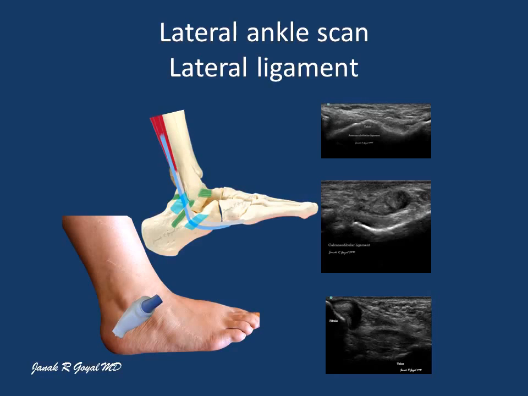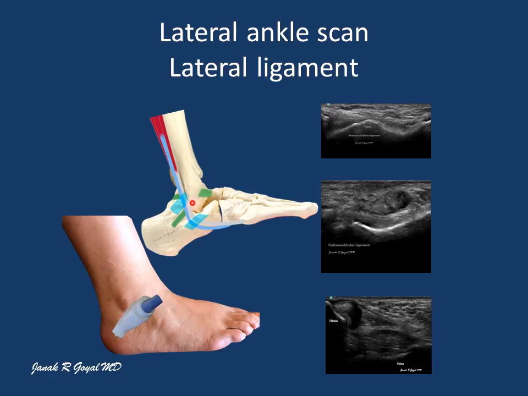Let's now examine the lateral ligament of the ankle. The lateral ligament has three components: the anterior and posterior talofibular components and the calcaneofibular component.